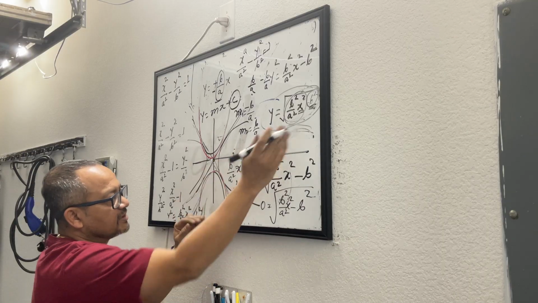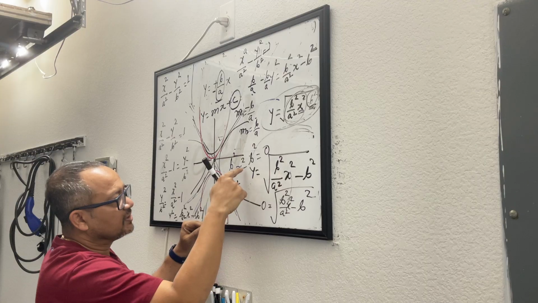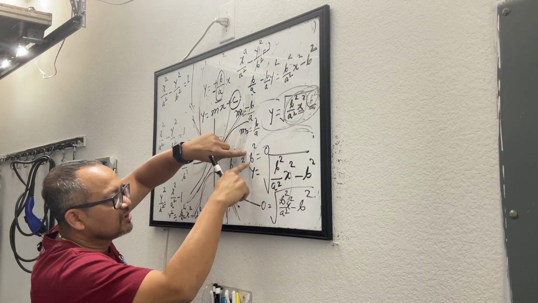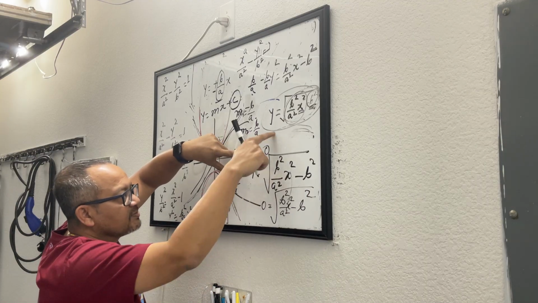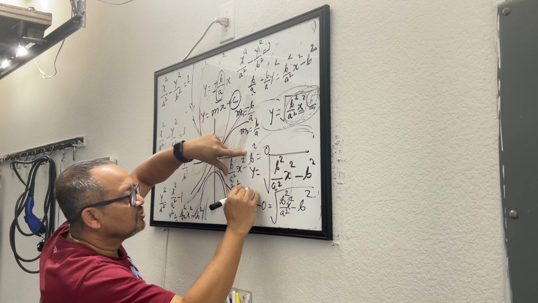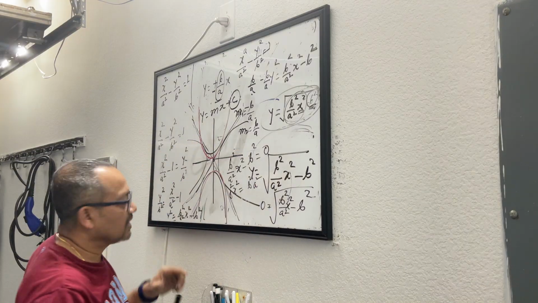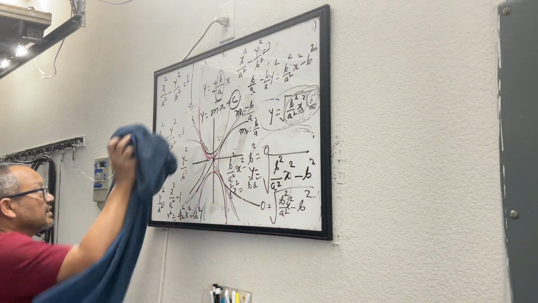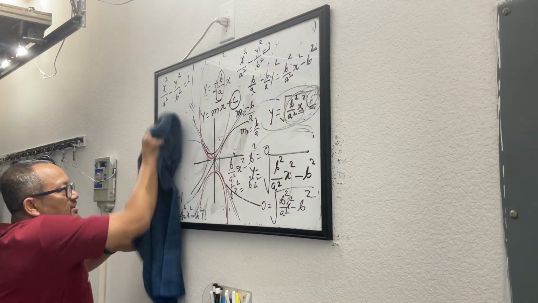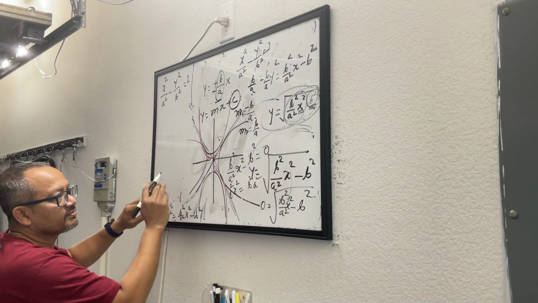I'm trying to get the value of x here. So b square goes to that side and a square gets multiplied with that. Let me not do it this way. I'll show you guys the real calculation so that it doesn't get confusing.